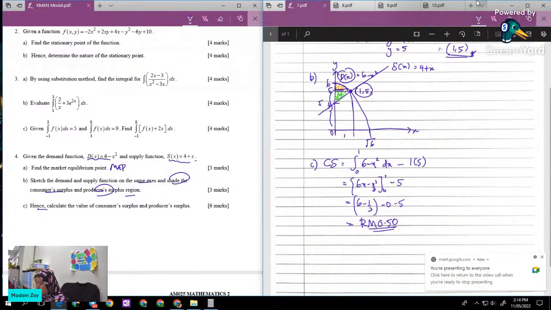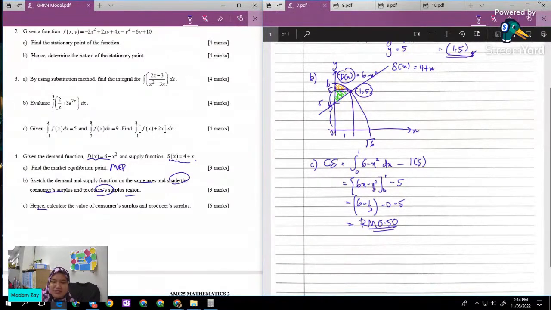Tolong saya pun tiba-tiba confused. Sepatutnya CS kan? Consumer surplus menggunakan demand function. Betul tak? So jawapan belakang tu salah ha? Kan? Sebab awak tengok jawapan tu kan? Itulah, saya rasa jawapan tu salah.